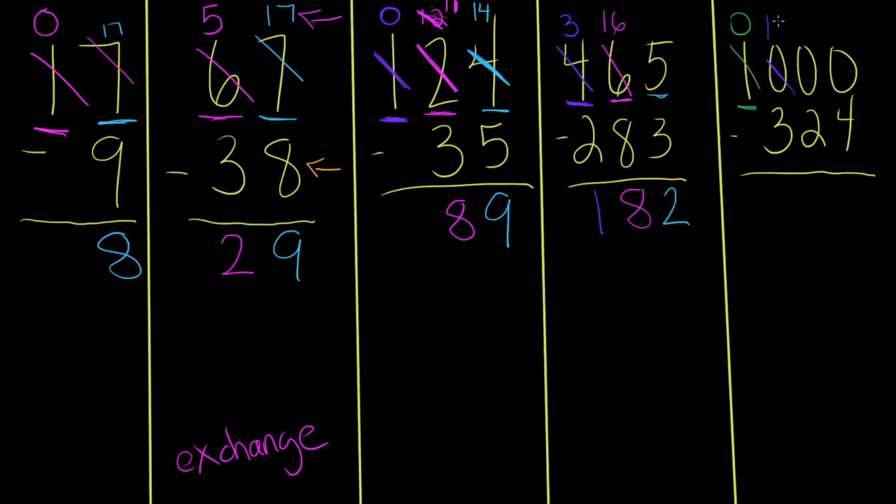We have 10 hundreds. Because, I want you to think about this real quick. In 1,000, how many hundreds are there? Well, let's see. 100.